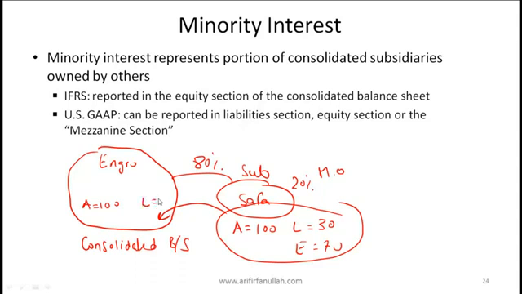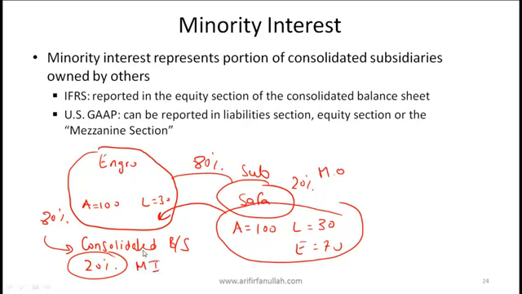So if we show net assets here of 70, which is 100 minus 30, 80% of that belongs to Engro in this consolidated balance sheet, but the remaining 20% belongs to the minority owner. So that 20% of the net value of Safa's assets is what is referred to as minority interest.